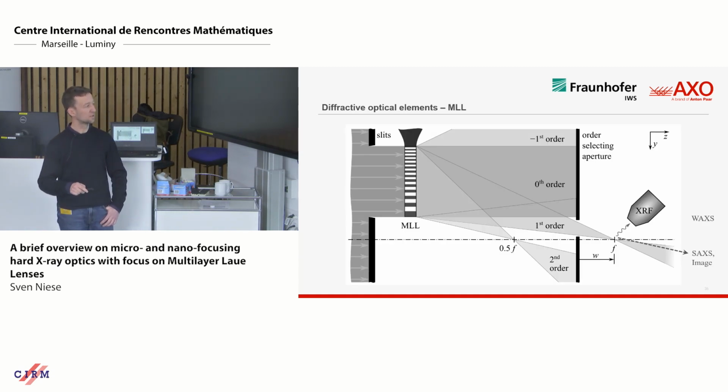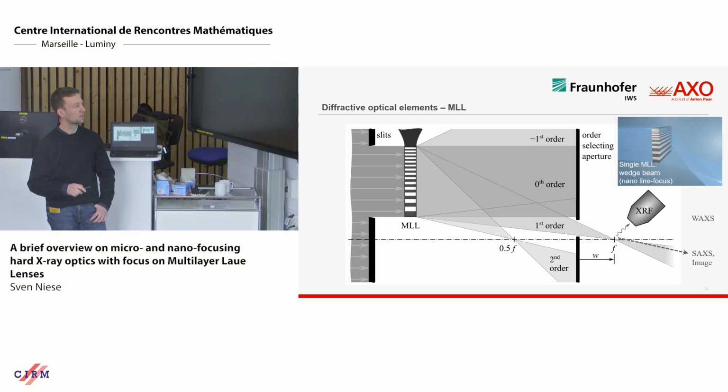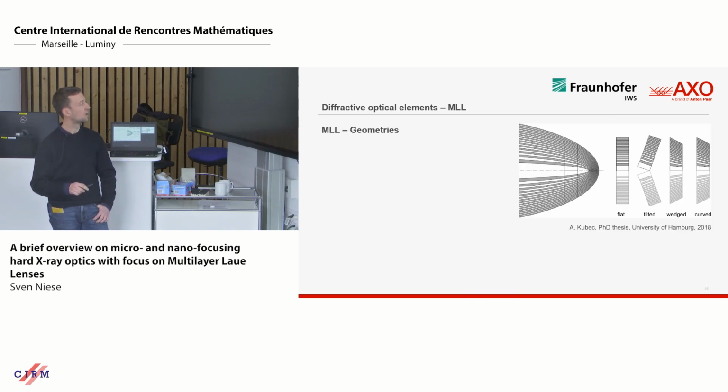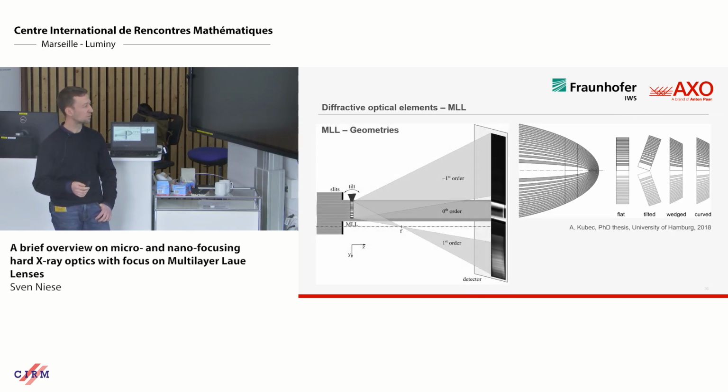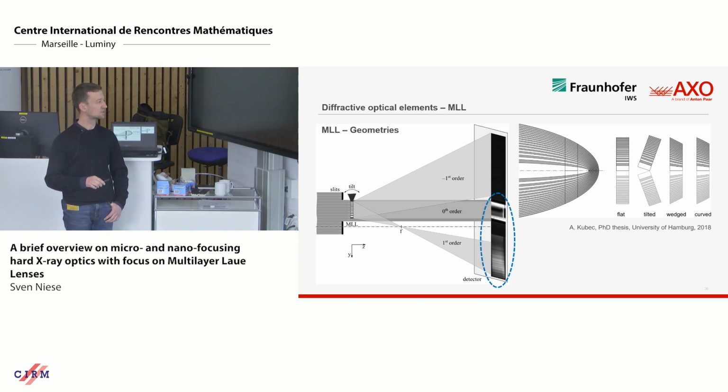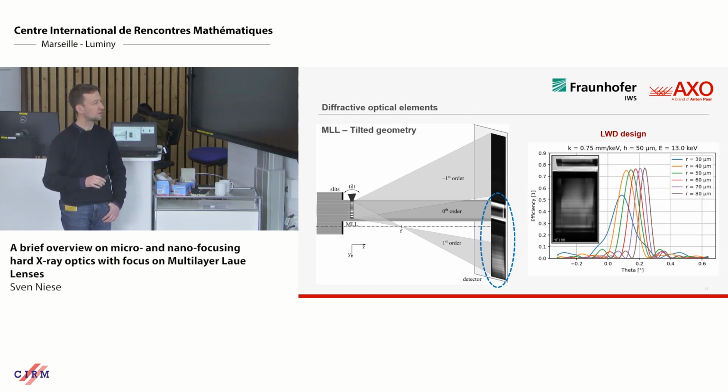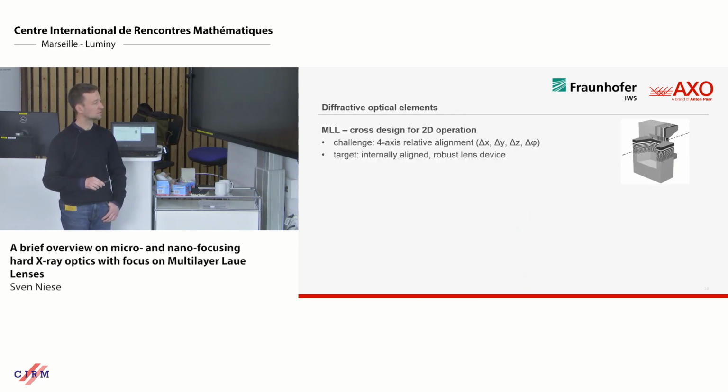Focusing is quite simple. You need the lens, and you need some order-sorting aperture to only have the first-order focusing. There are several geometries. What I want to skip, probably also this.